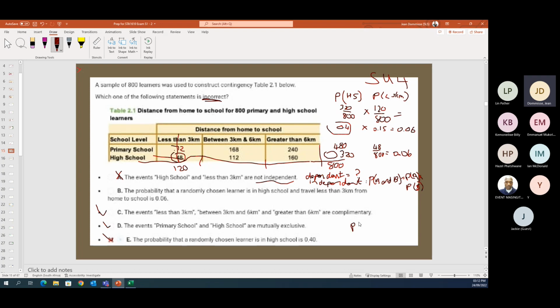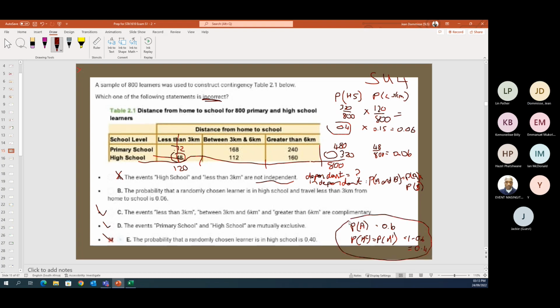We would have said if the probability of A is equal to 0.6, the complementary of A, which we can write in a few ways, such as A with a dash, would have been 1 minus 0.6, which would have given us 0.4. This is just an example. It doesn't reflect these numbers.